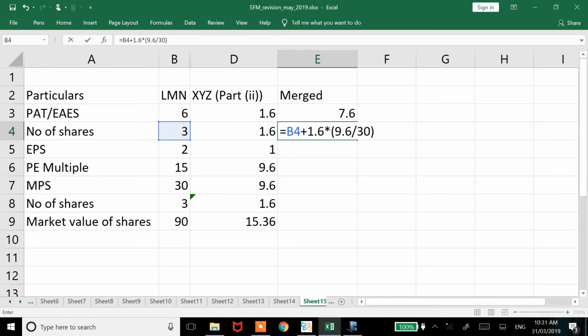That's the requirement of the question. The question has changed the numbers. Let's work with 4 decimals. My post merger EPS is 2.164. Post merger EPS is 2.164.